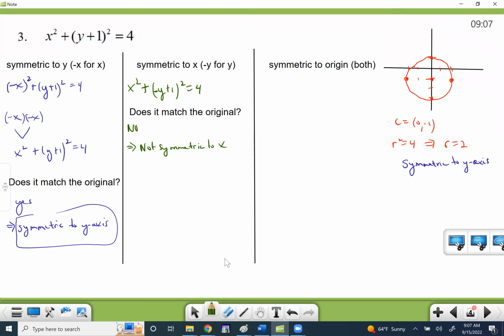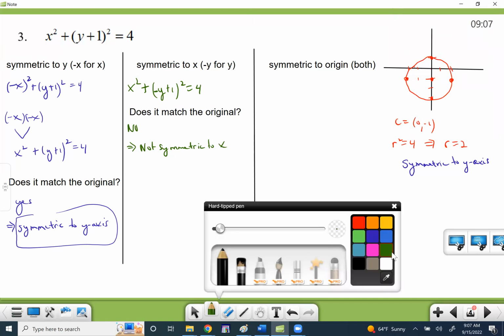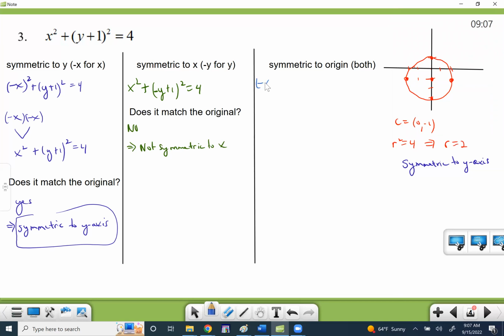And then we're going to try a negative for both. So let's put a negative in for both. Negative x for x and a negative y. So we know this becomes positive x squared. It's not really anything to do here, any math inside those parentheses, right? Okay. And so it looks like it is not going to match the original, huh?